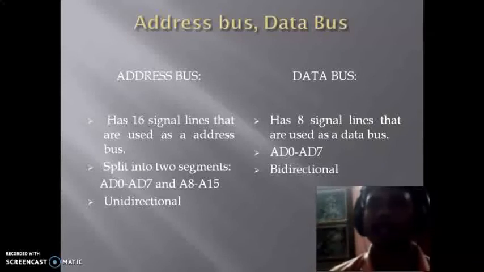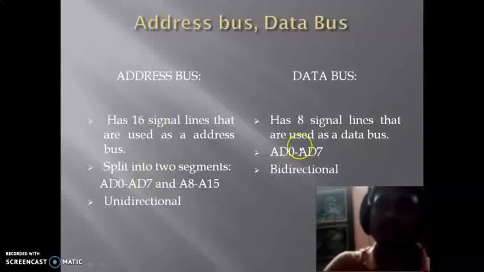And next is the data bus, which is an 8-bit data bus in the 8085 microprocessor, and it is multiplexed with the lower order address, that is D0 to D7, and this one is bidirectional. By using this data bus, we can send data to the peripheral device or memory device, and the microprocessor can also accept data from a peripheral device or a memory chip.